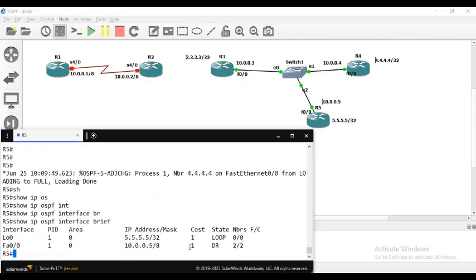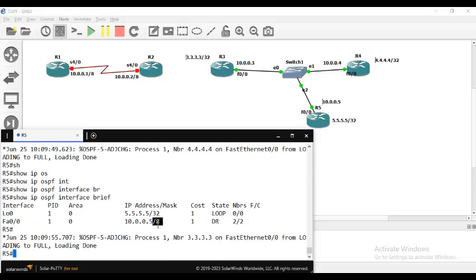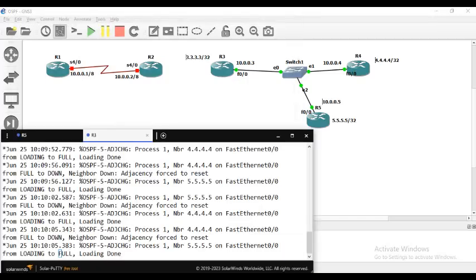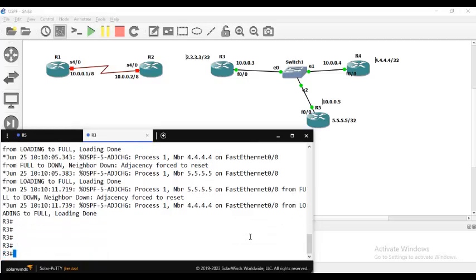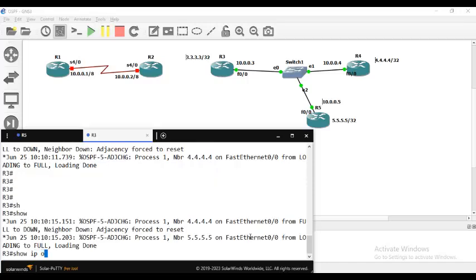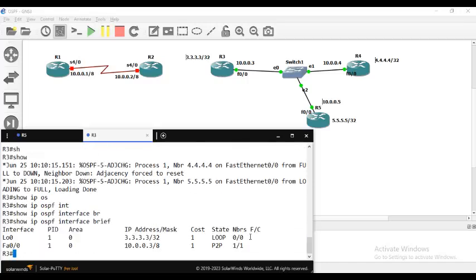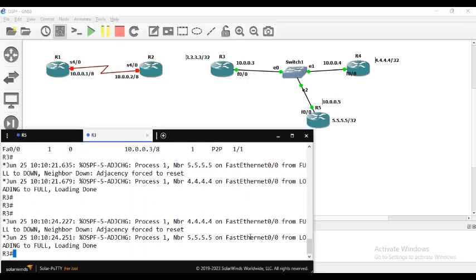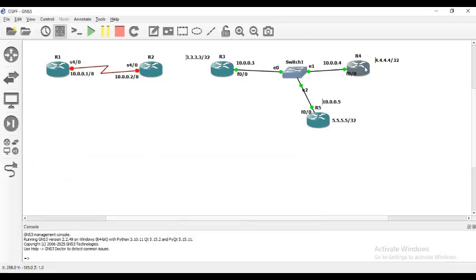Okay, that's fine. Show IP OSPF interface brief. Mask 8. Right. Show IP OSPF interface brief.